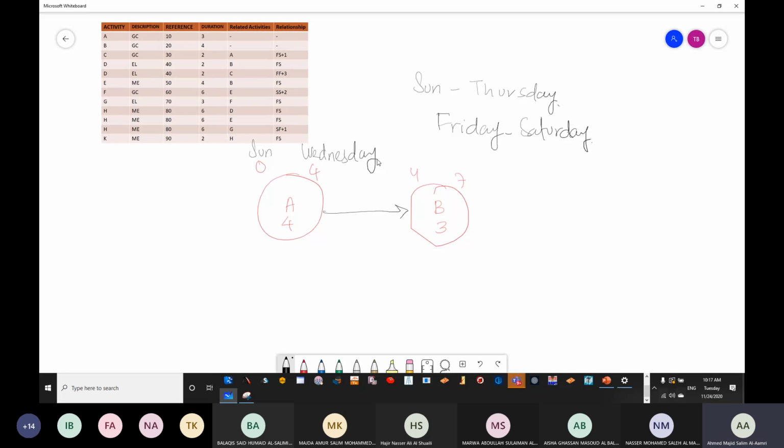Now here, 4 should be Wednesday as well. Now, if we do the calculation, that 4th is representing your Wednesday, then 5 is your Thursday, 6th is going to be your Friday, 7th is going to be your Saturday. Do you agree?